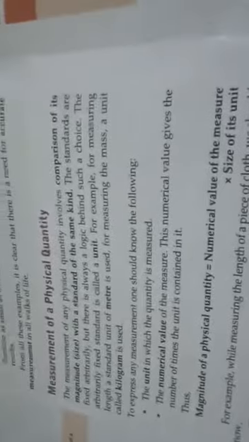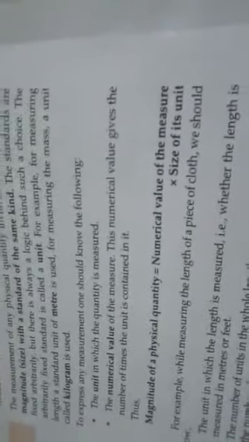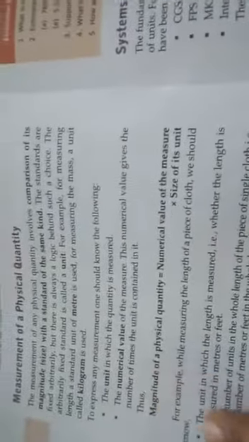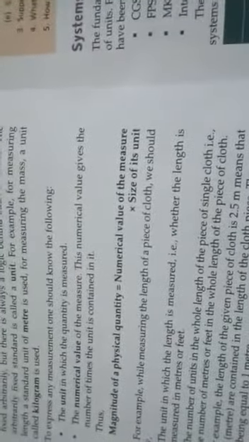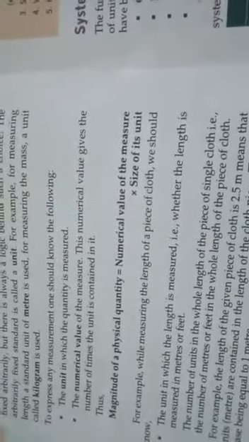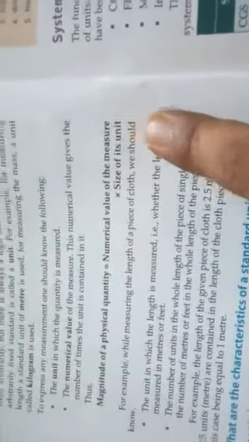The first point is the unit in which the quantity is measured, meaning what sort of unit we are using to measure that quantity. The second point is the numerical value of the measure, which gives the number of times the unit can be obtained, means 5 times, 6 times. So the magnitude of the physical quantity equals the numerical value of the measure times the size of the unit we are talking about.